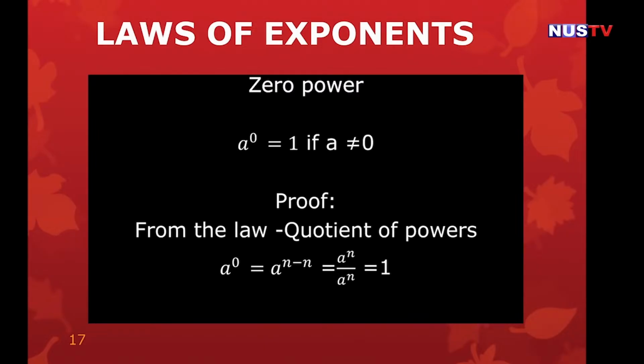Both the numerator and the denominator are the same, so you cancel them out and you get 1. A to the power of n divided by a to the power of n is equal to 1.